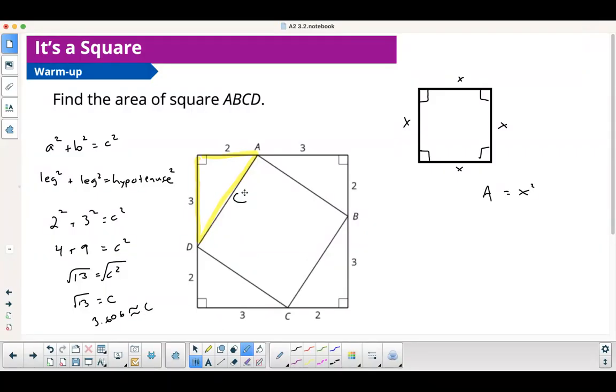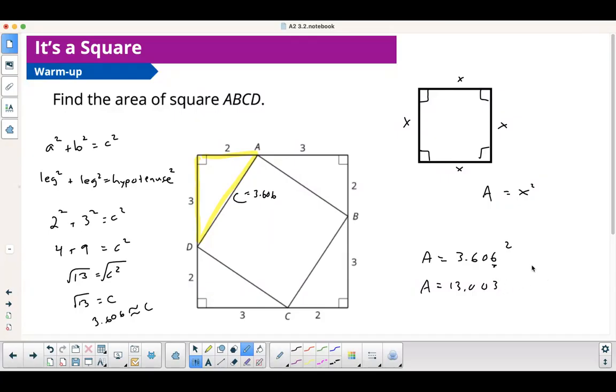So now I've got the side here, 3.606. If I take 3.606 and square it to get my area, I get 13.003. Now here's the thing though, I rounded to get that 6.